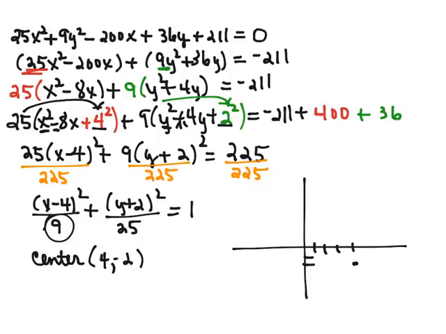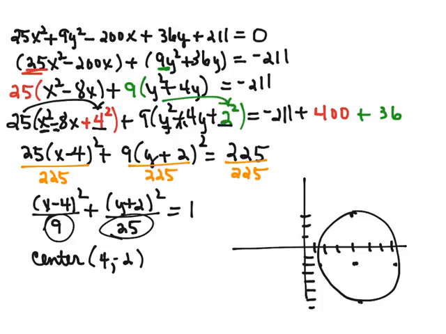So that means horizontally, we're going to move over 3 units. And under our y term, we have a 25. So that means vertically, we're going to move 5 units, and 5 units down. And so this is going to be the graph of our ellipse.